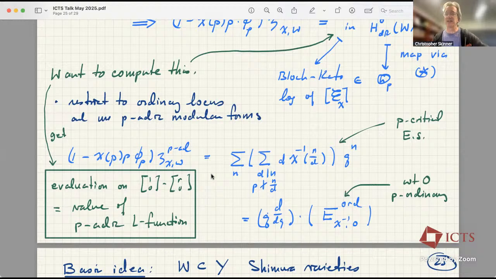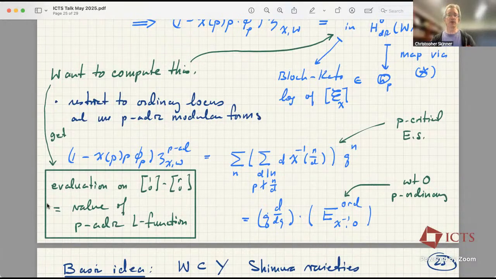And that has constant terms. And now we evaluate those constant terms. That's what we want to do. So we found the primitive. We restrict to the cusps at infinity. And we take the values, or the difference of values at two of the infinity cusps. Well, the value of the weight 0 p ordinary Eisenstein series at the infinite cusp is L1 of chi.